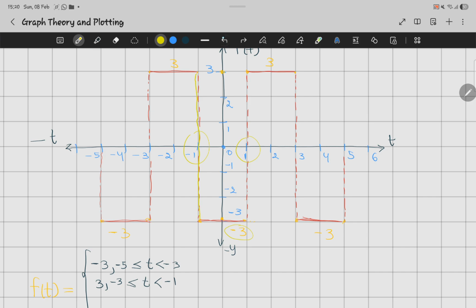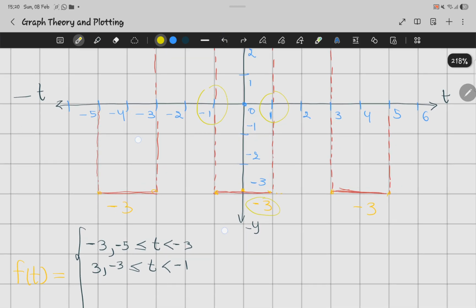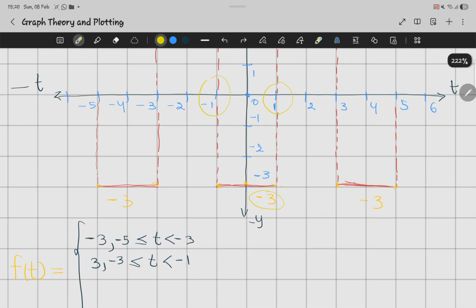The amplitude is -3, with starting point -1 and ending point 1. This is how we will represent it.